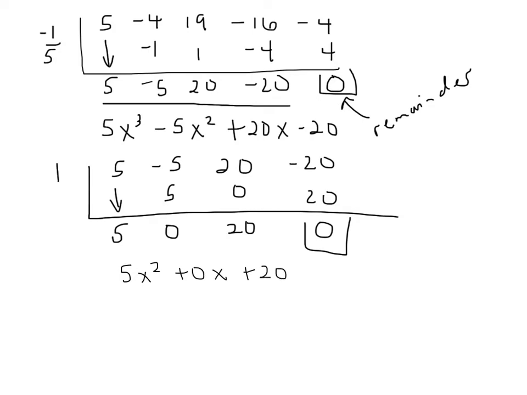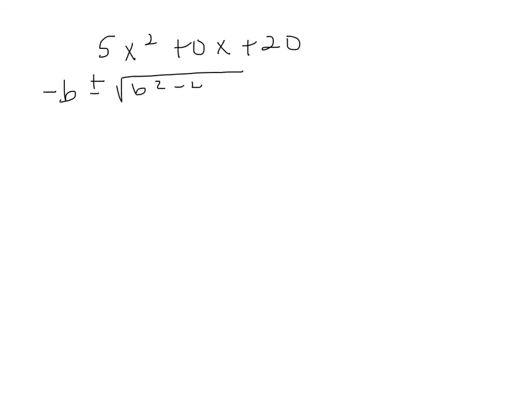I could solve this one by using the quadratic formula. And if you remember that, that's negative b plus or minus the square root of b squared minus 4ac all over 2a. But there's actually a faster way to solve this.